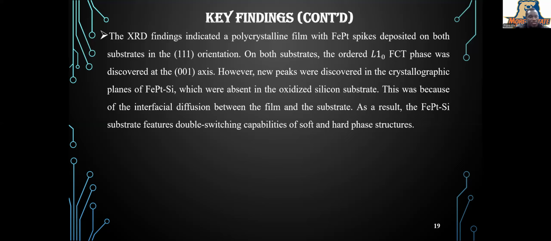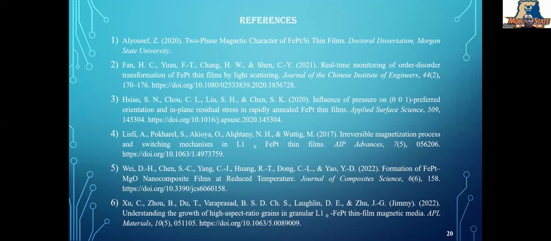As such, we conclude that there is likelihood of interfacial diffusion between the film and the substrate. As a result, the iron platinum on silicon substrate shows double switching properties of soft phase and hard phase structure.